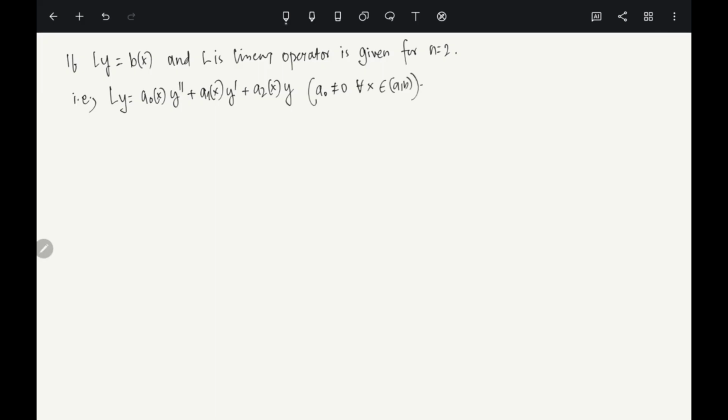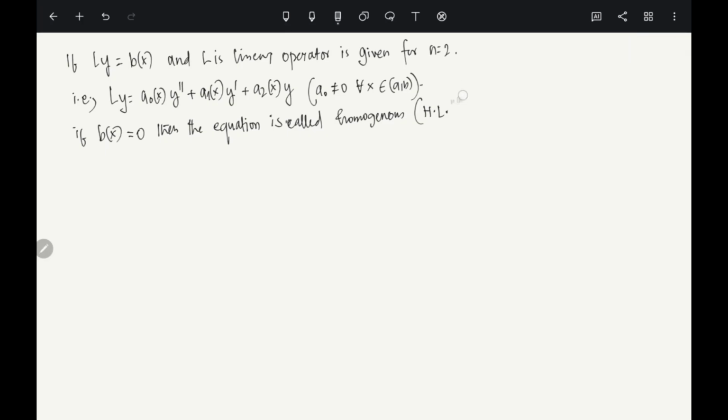Now you see, if b(x) is 0, then the equation is called a homogeneous equation. In this case it is called a homogeneous linear second order equation. So, big name. I will use this sort of notation in this course: homogeneous linear nth order equation.